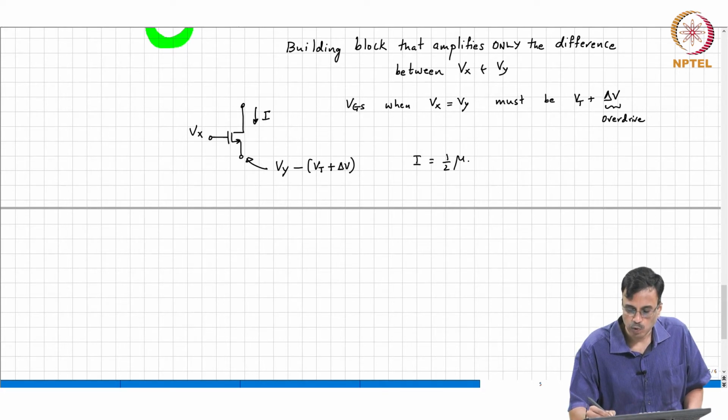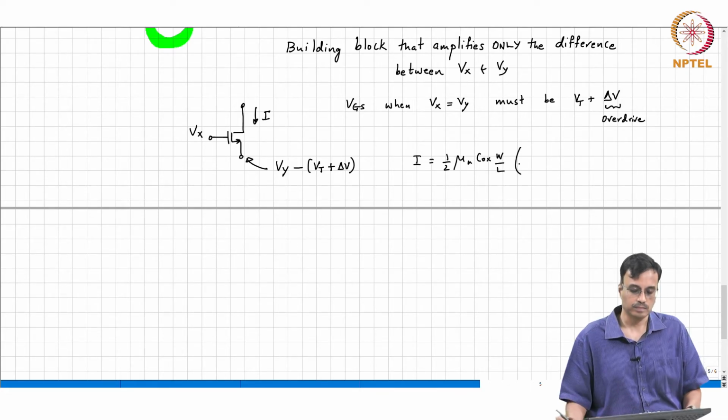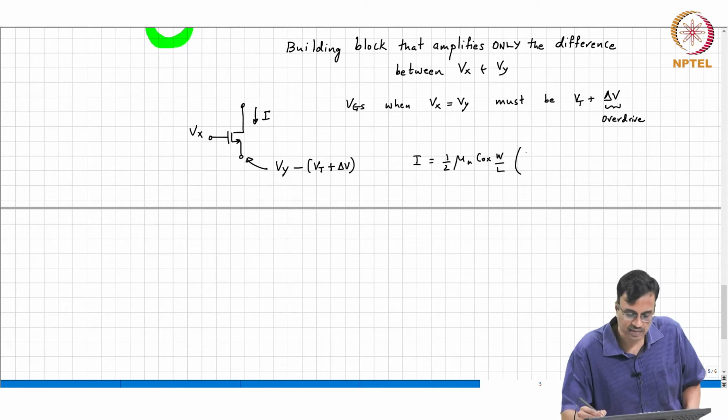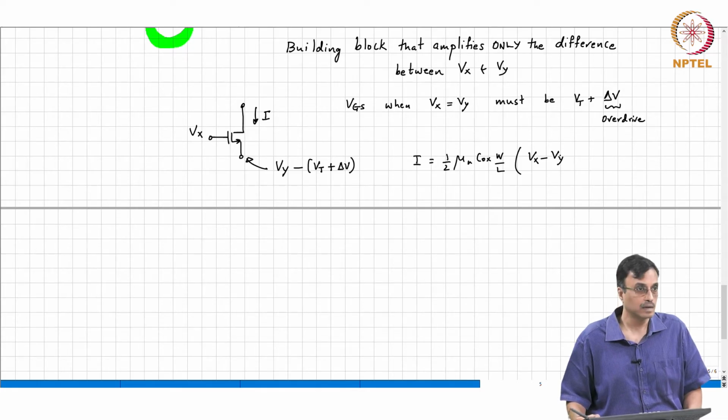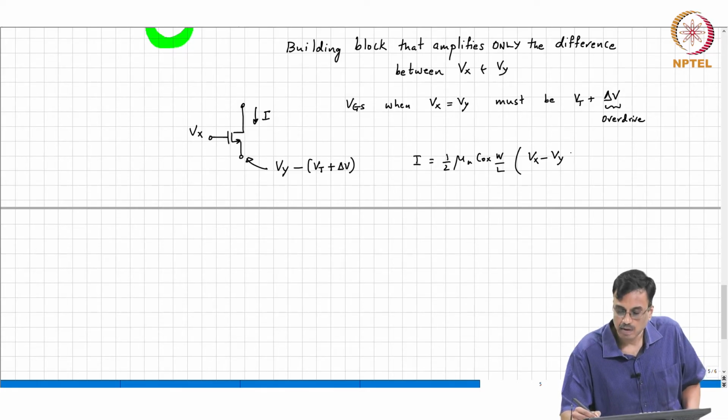half mu n Cox W by L times Vgs, which is Vx minus Vy plus Vt plus delta V, minus Vt, the whole square.